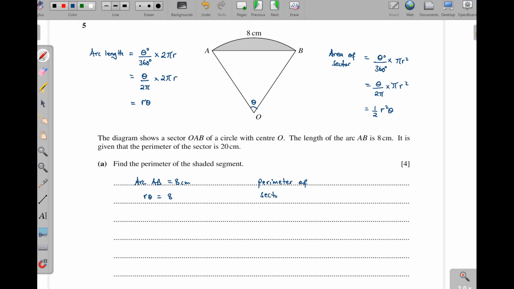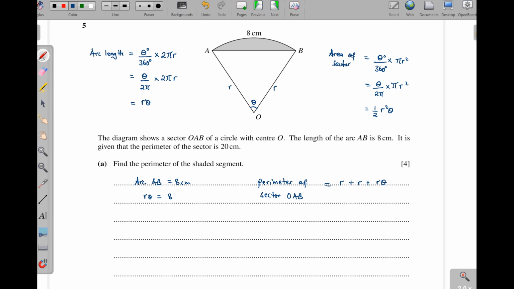Perimeter of sector OAB is equal to, you will have R. This one is going to be R. This one is R. Okay, so R, then plus R, then plus this one here, the arc length there. So plus r theta. Okay, arc length of AB.